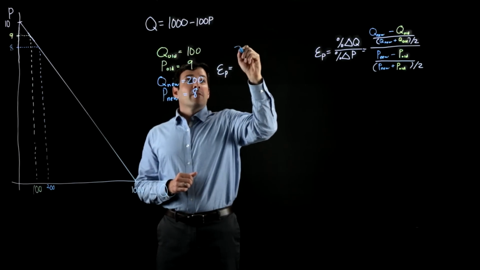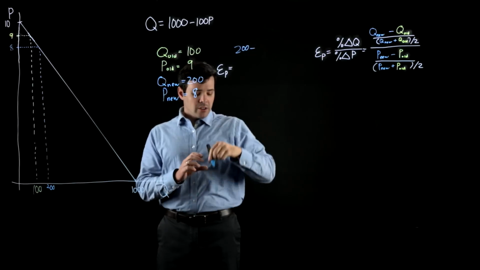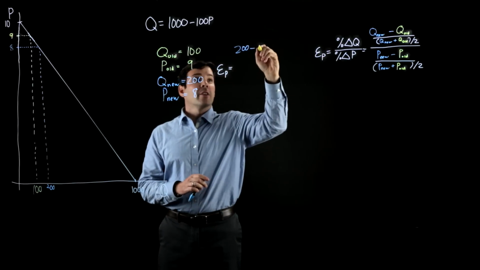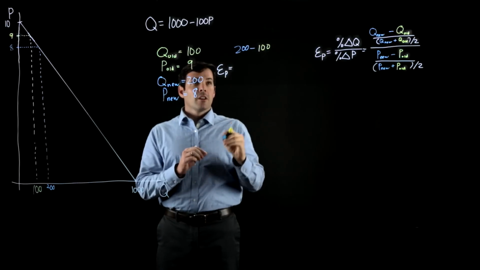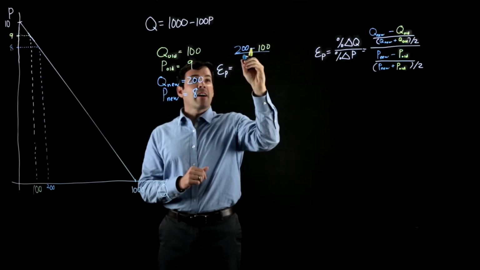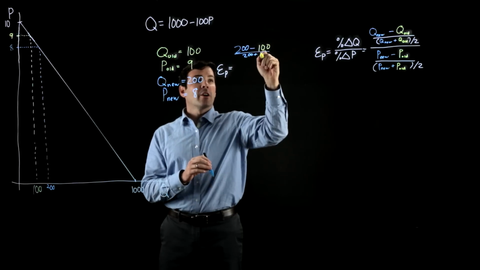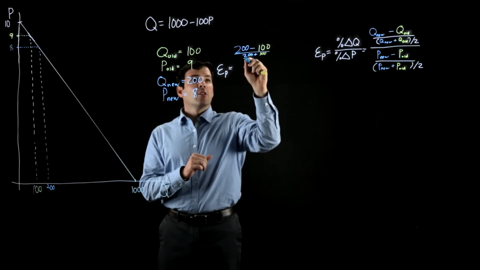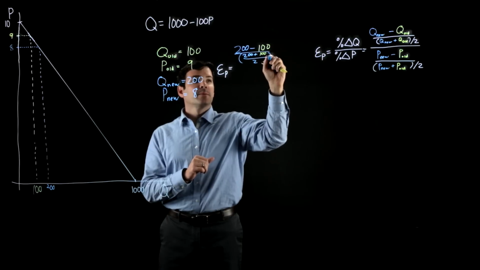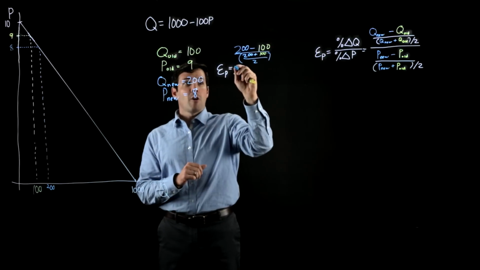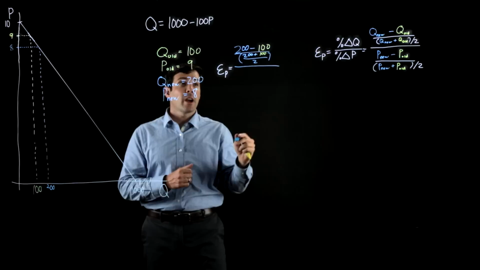The new quantity of 200 minus the old quantity of 100 over the average of the two, 200 plus 100 over 2. All over the percent change in price.